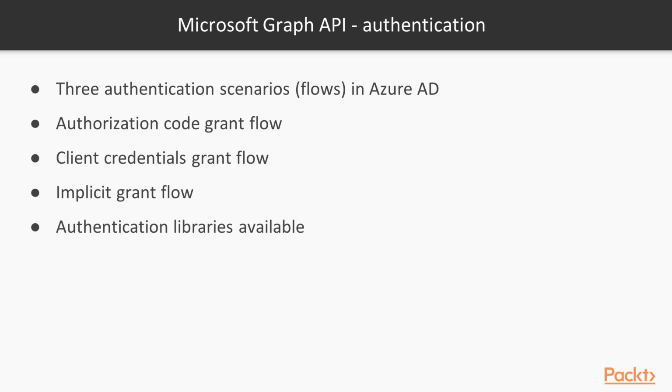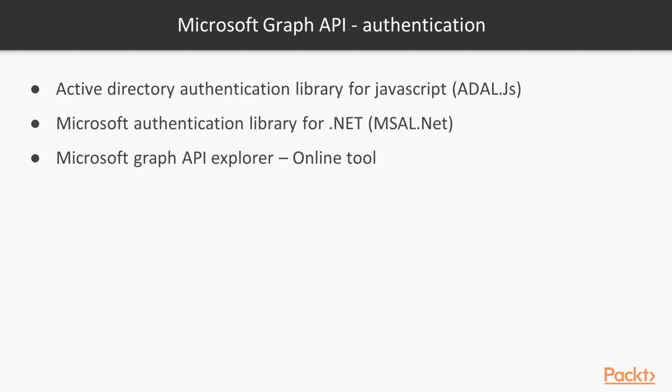A number of authentication libraries are available for the developers, depending on the stack from which they are coming from. So there is a library for JavaScript, and also there is a library for .NET, which we will explore in the later videos. Also, Microsoft offers a Microsoft Graph API Explorer.